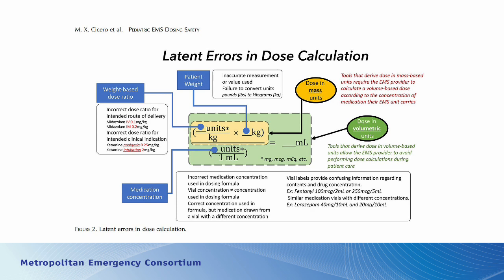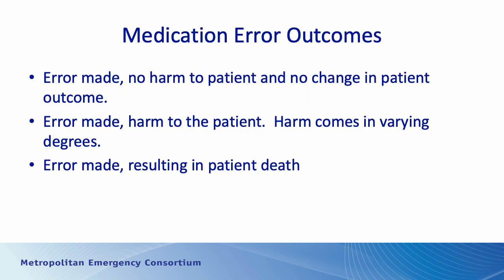We understand that. So what happens if an error is made in medication calculations, medication administration? Well, the best case scenario, there's an error made, there's no harm to the patient, and there's no change in patient outcome. Patient is having pain, they get a little more fentanyl than they should be getting based on our formula, but the patient's pain is controlled.